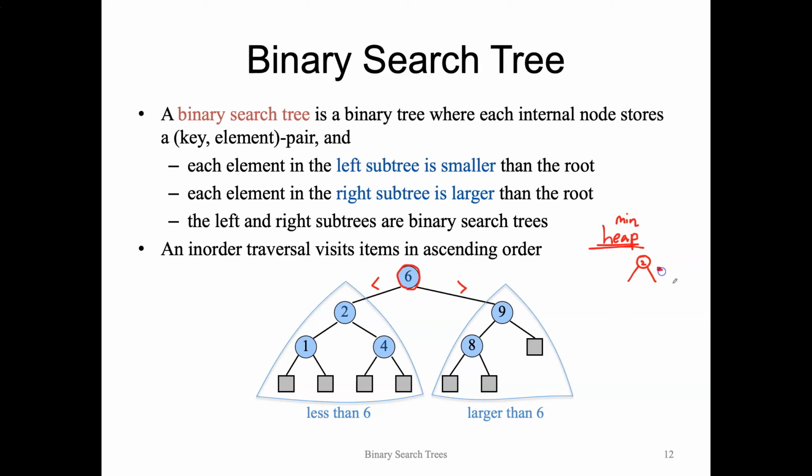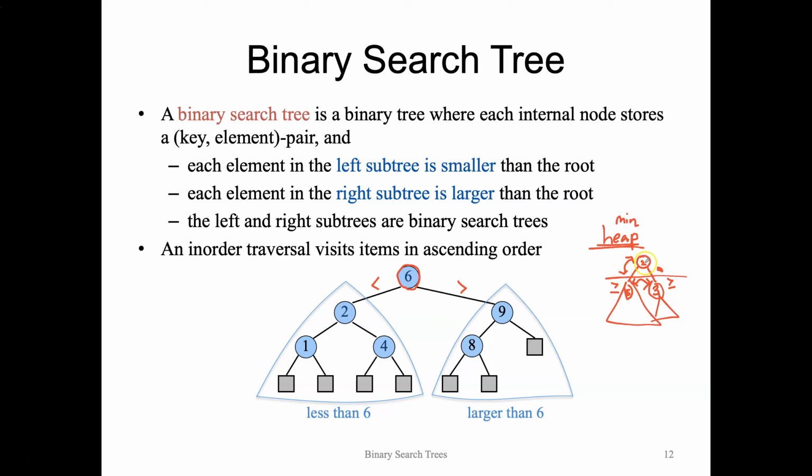So let's put it this way, all subtrees are greater than or equal to it. So maybe here we have 5, and here we have 3, for example. So there was no relation between the two children of it. There was only a relation defined between a child and its parent, that a child node is greater than or equal to its parent.